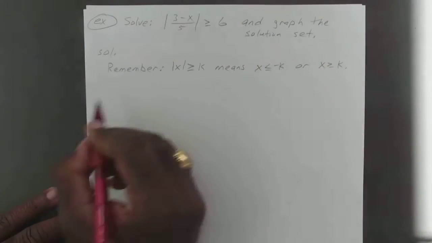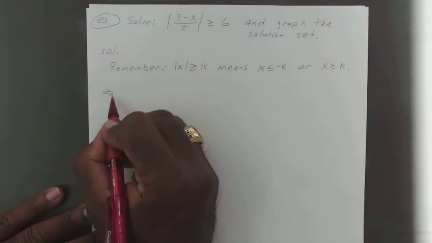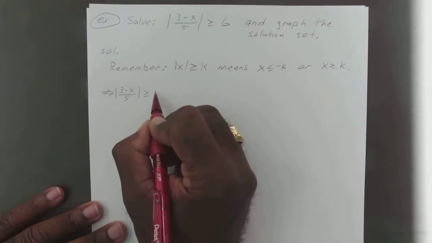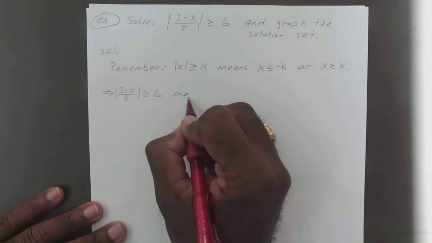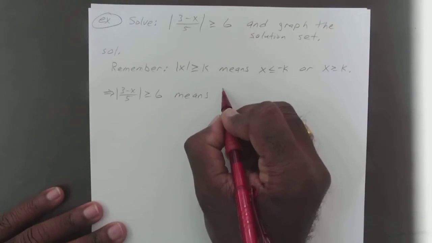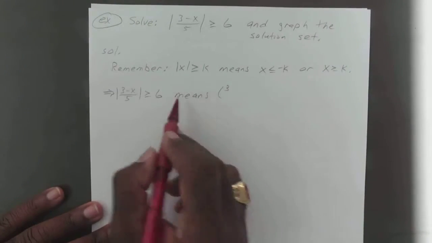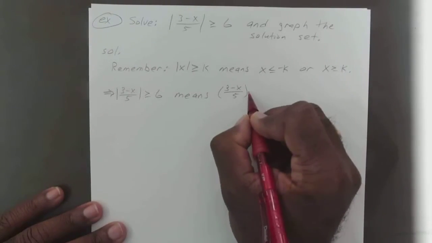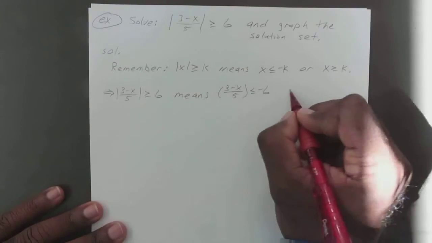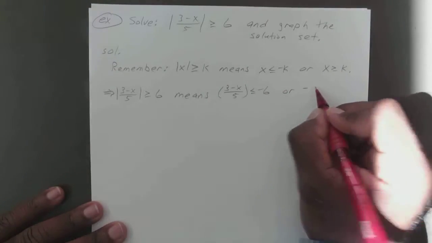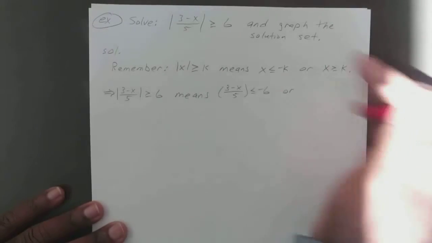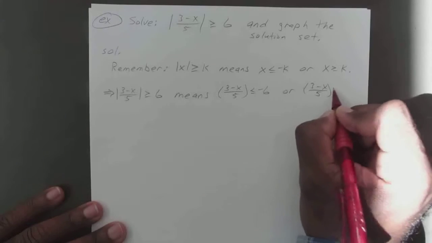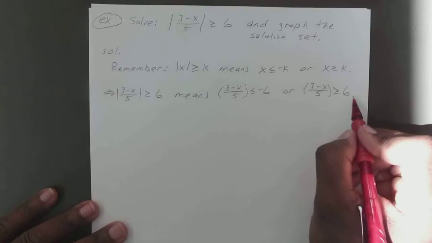Okay, so if we apply it here, absolute value of 3 minus x over 5 is greater than or equal to 6 just means, I'll put parentheses to separate that, you don't need it, 3 minus x over 5 is less than or equal to negative 6, or 3 minus x over 5 is greater than or equal to 6.